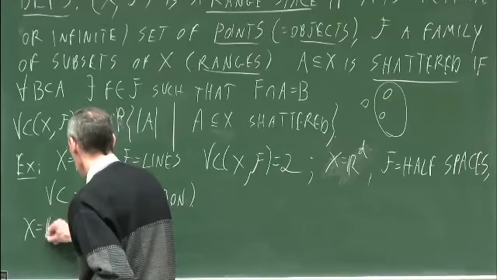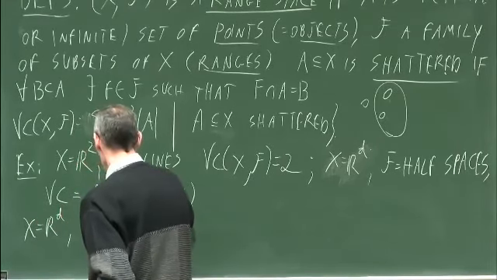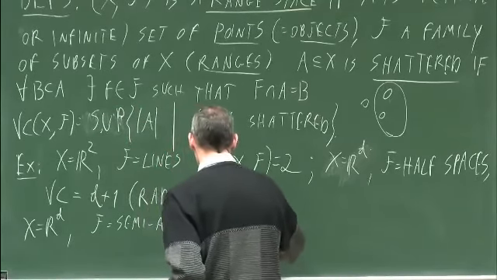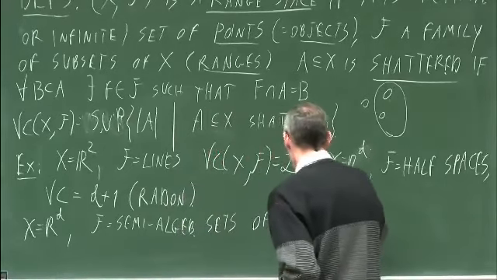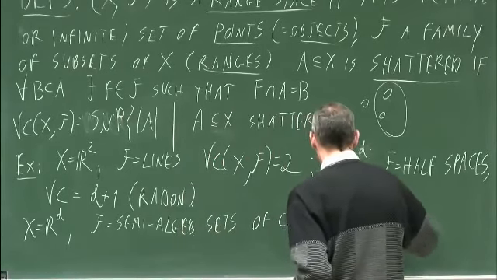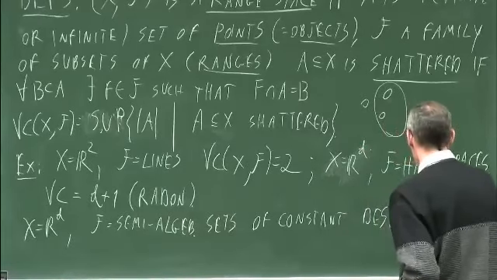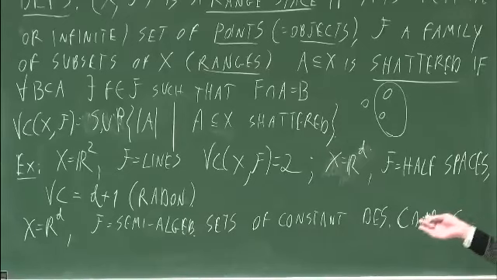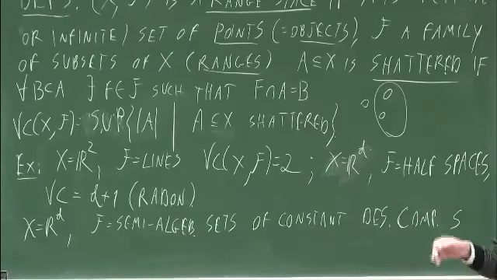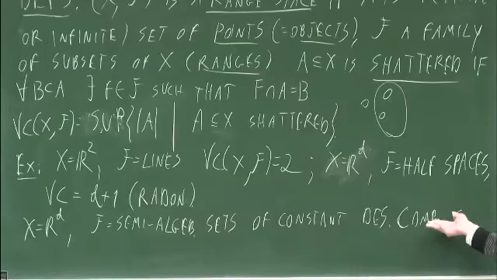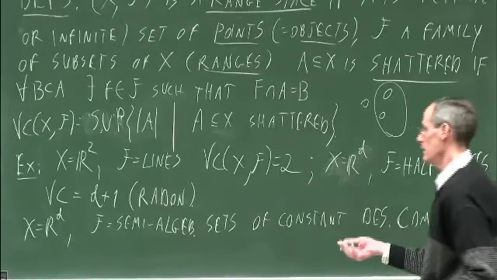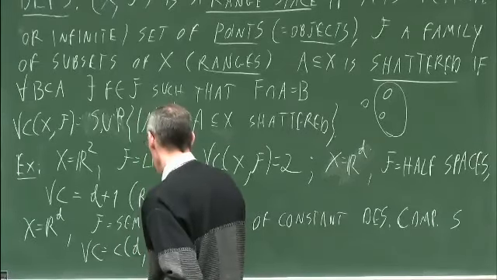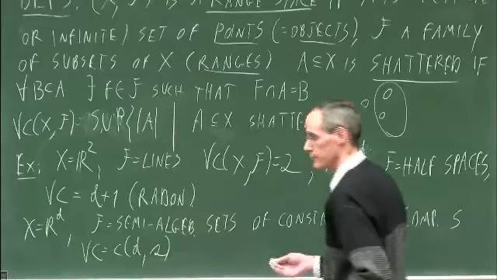So let X be R^D, fixed D, and F will be semi-algebraic sets of constant description complexity S. So by this I mean that we have some polynomial equalities and inequalities, and the total degree of all polynomials is not more than something like S. Then also the VC dimension is some finite number that depends on the dimension and on this description complexity.